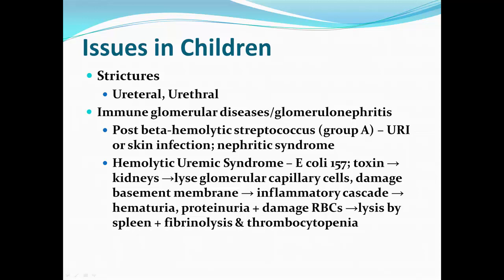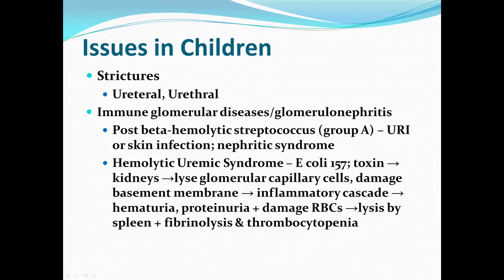A urethral stricture is obviously from the exit from the bladder itself. Urethral strictures are usually fairly obvious because the child either doesn't urinate or has an abnormal urinary pattern. So they might have to get the bladder very, very full before there's enough pressure in the bladder to force open that urethral stricture.